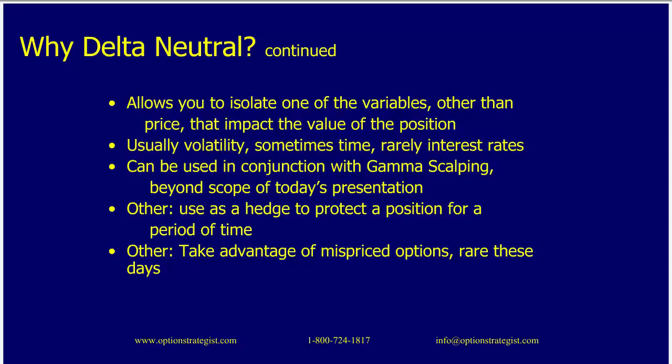And then another would be to take advantage of mispriced options. Nowadays, we're not going to see this very much, particularly retail traders. There's a lot of very fast computers out there that whenever a mispriced option gets bid or offered, it gets eliminated very quickly. Okay? All right. So that's why we want to be delta neutral.